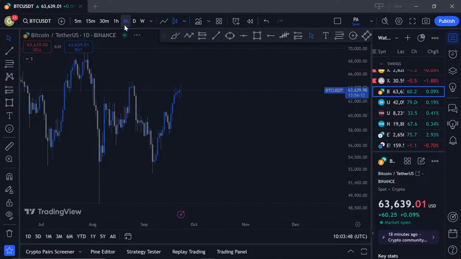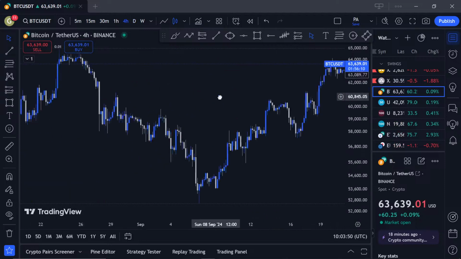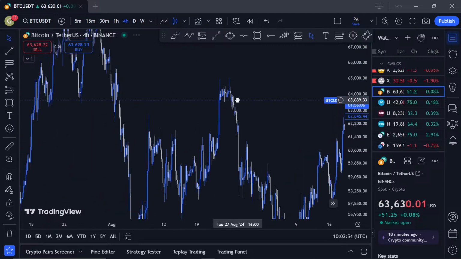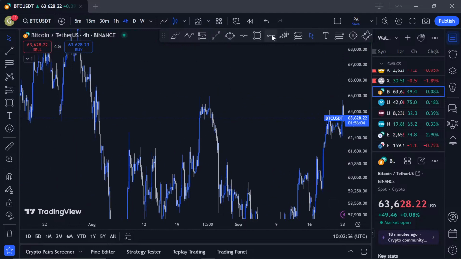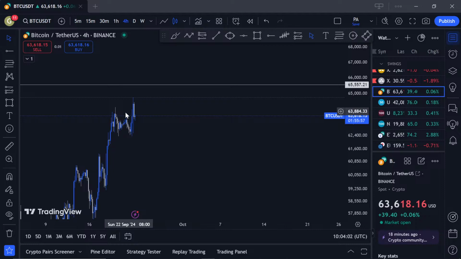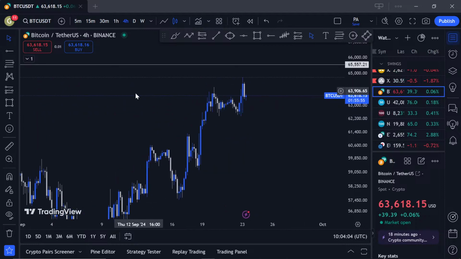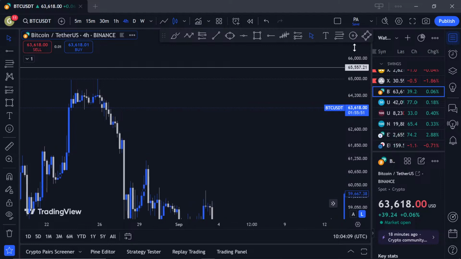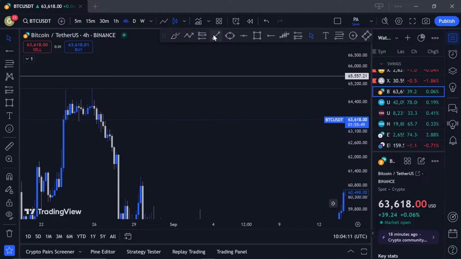So I'm going down to the 4 hour time frame, and on the 4 hour, I'm just going to mark our high. Here's the all-time high, I'm going to mark right here. And then any unmitigated supply level here.